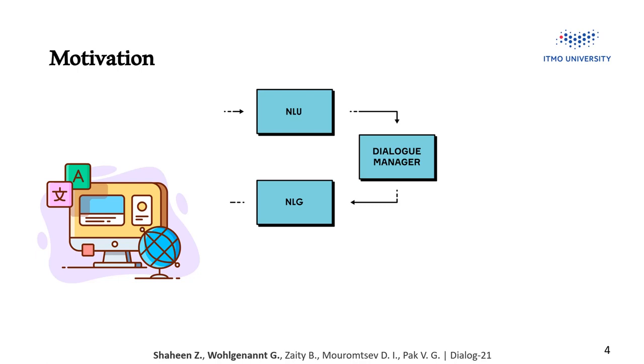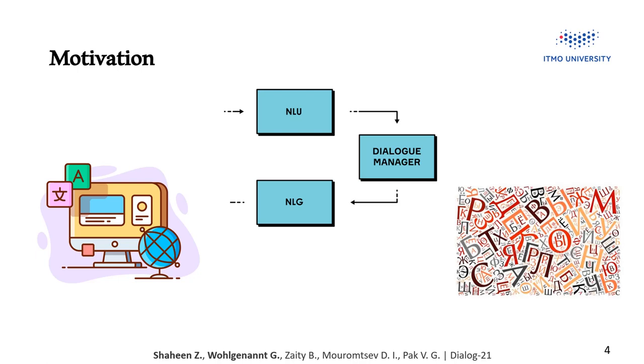Most researchers in this field of study experiment with English. However, in this research, we wanted to experiment with another language, which is the Russian language, which is rather richer than English.